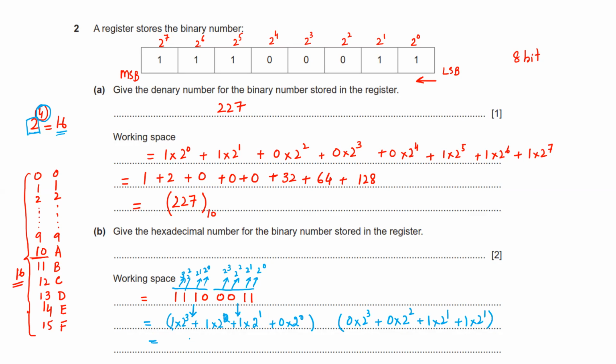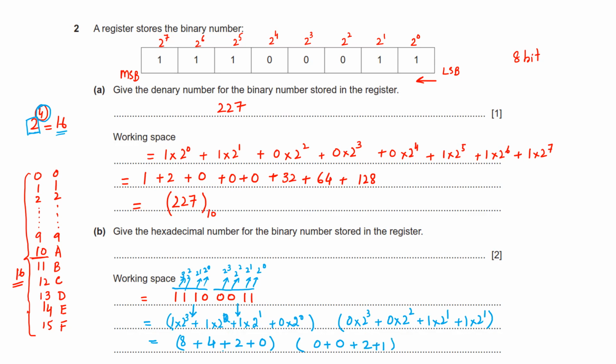So this comes out to be 8 plus 4 plus 2 plus 0. This is one number, and the other number is 0 plus 0 plus 2 plus 1.